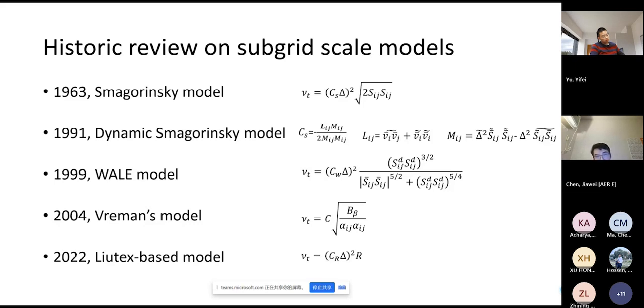Another popular subgrid model is the Vreman model. And most recently, the Liutex-based subgrid model was proposed. This subgrid model has a constant model coefficient and a length scale, and they use the magnitude of Liutex as the velocity scale.